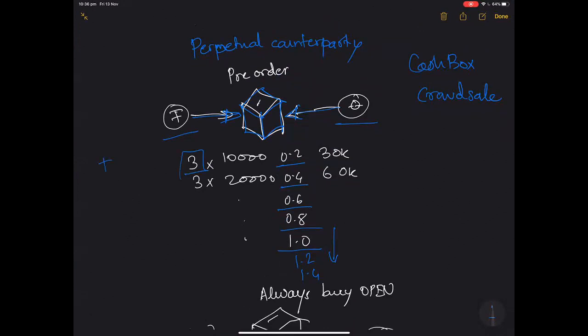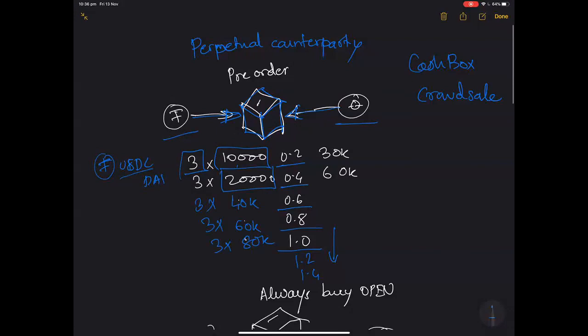One is for USDT, one is for USDC, and third is for DAI. And they have a market cap, which means that 10,000 is the market cap for the 0.2 token, 20,000 is for 0.4, and it's 40, 60, 80. So it's all into 3 really, because we have 3 stable coins.